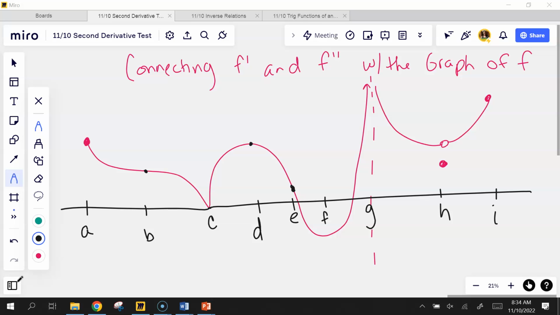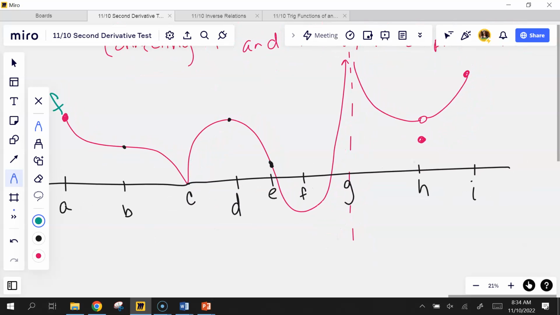What I really want to talk about at each one of these points is what the derivative is doing. This is the graph of F. At each one of these points, and in between, what's happening with the derivative? Instead of using the derivative to tell me what the graph is doing, let's look at the graph and tell what the derivative is doing, using the same kind of logic and reasoning.